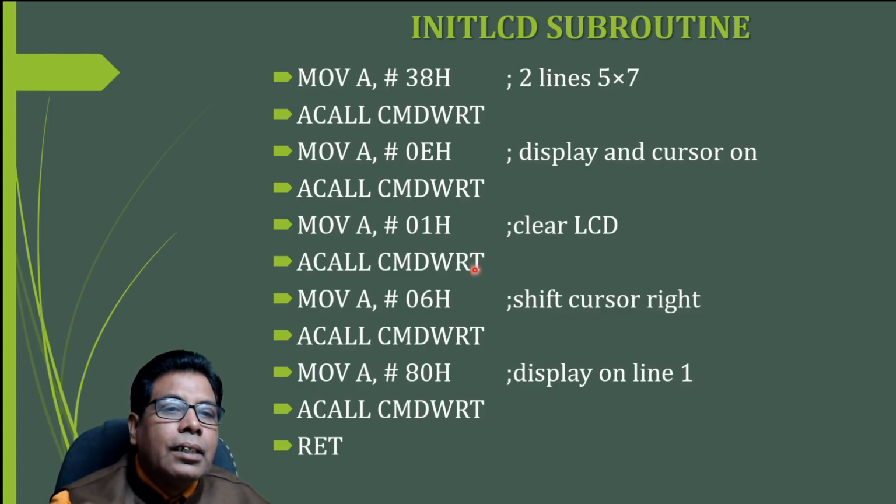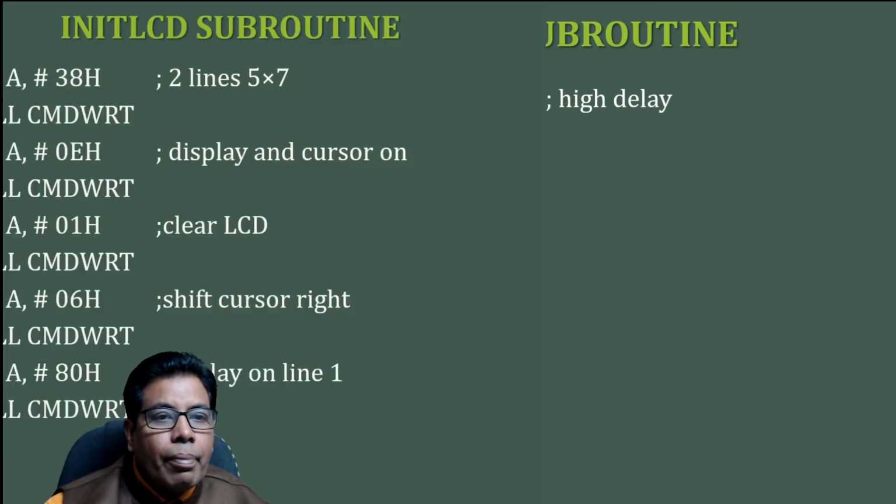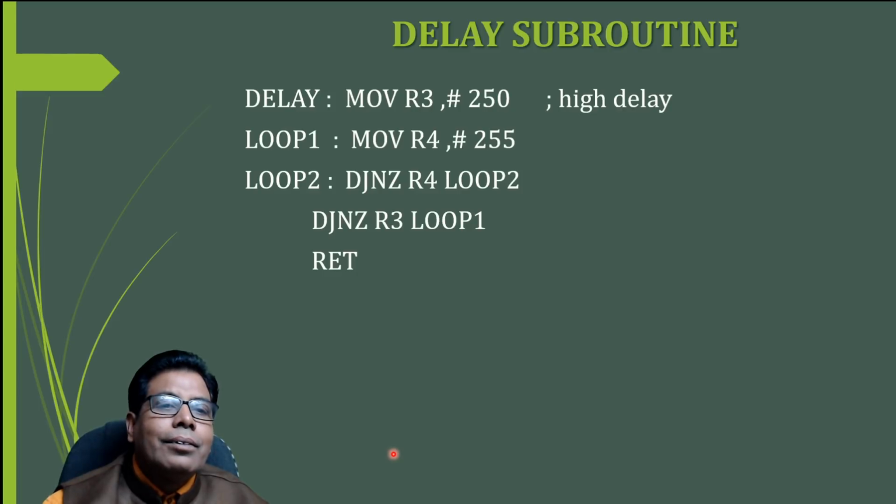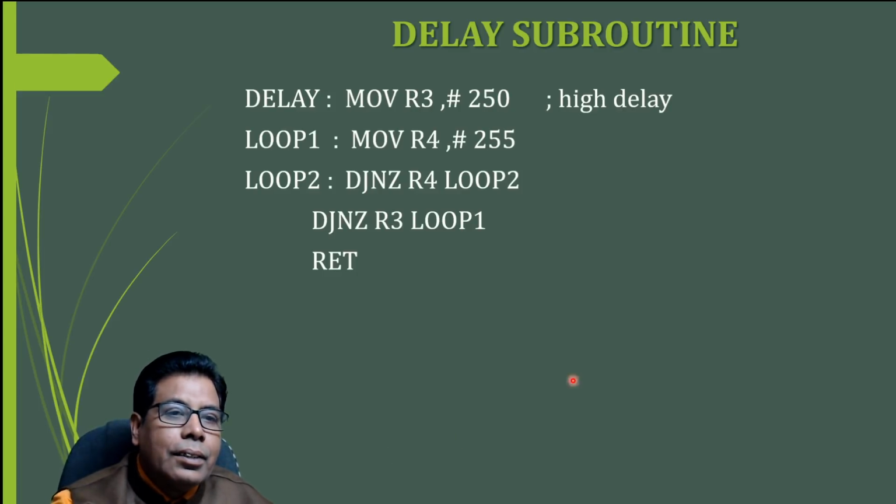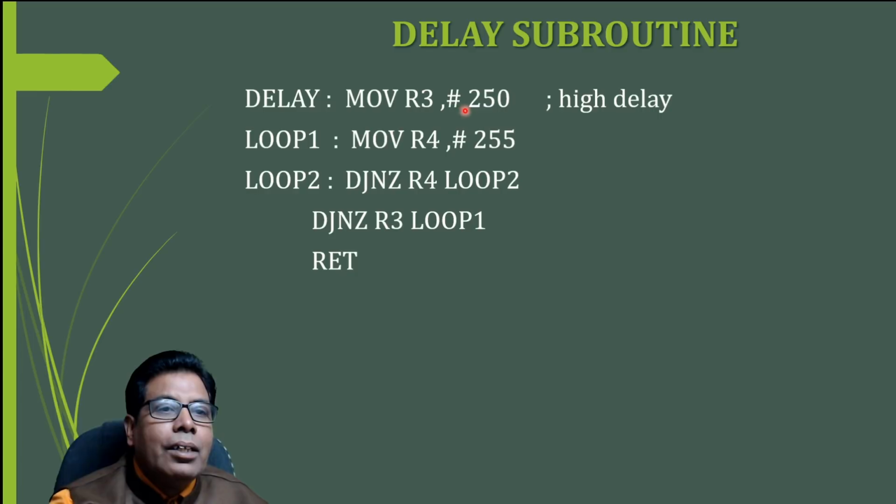So this is the initialization subroutine for the LCD. The last is the return from this subroutine. Then the delay subroutine, that is the high delay. Here we are loading the register R3 with value 250 and R4 with the value 255.